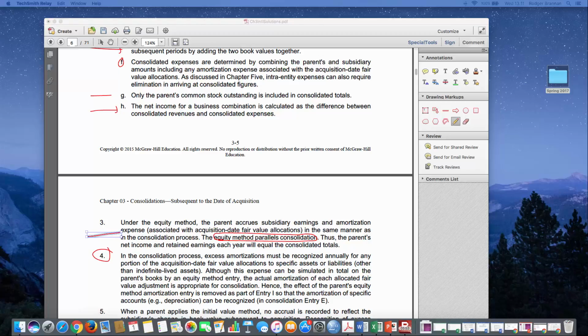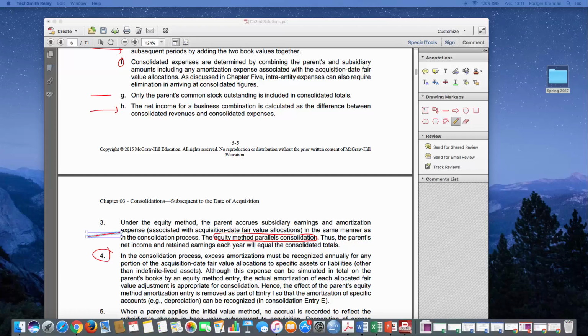Now, in addition to what the parent picks up in terms of income, the parent throughout the year on its investment account under the equity method will also recognize as a reduction in that investment account the amount of the amortization that takes place because of the adjustment to fair market value of the sub's assets.